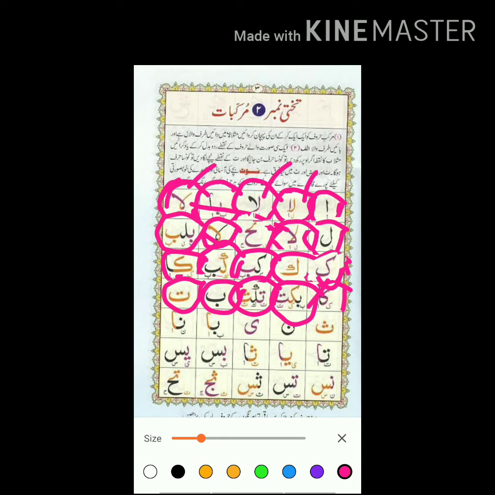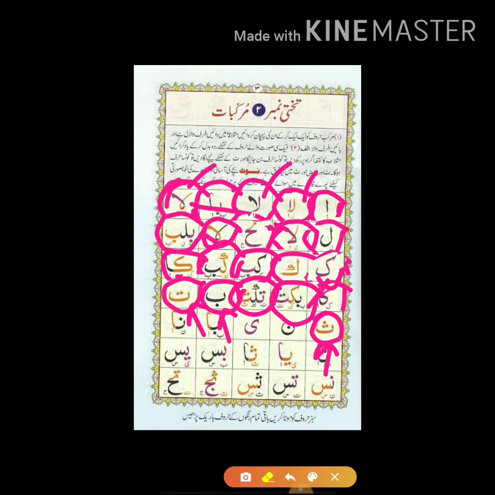This is ta, a shape like a boat with two dots above. Then a shape like a boat with three dots above, which makes it sa. This one is ba, this one is ta, and this one is sa. Ba, ta, sa.